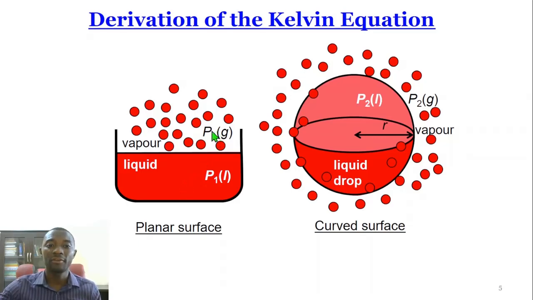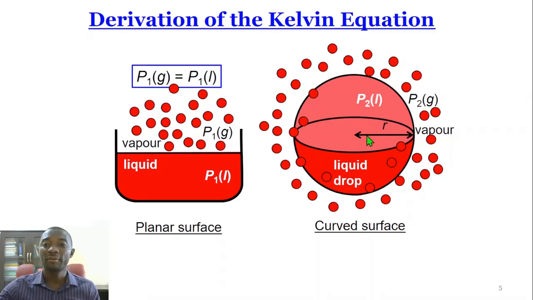The vapor pressure of the planar surface is P sub 1 of G. The liquid in the beaker has a pressure of P sub 1 of L. The liquid in the drop has a pressure of P sub 2 of L, while the vapor pressure is P sub 2 of G. For the planar surface, the vapor pressure and the pressure of the liquid are equal. That's why this surface is flat.